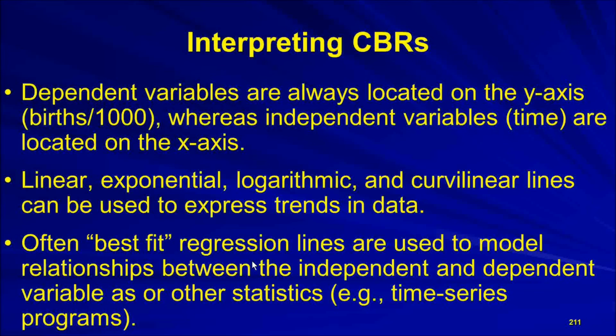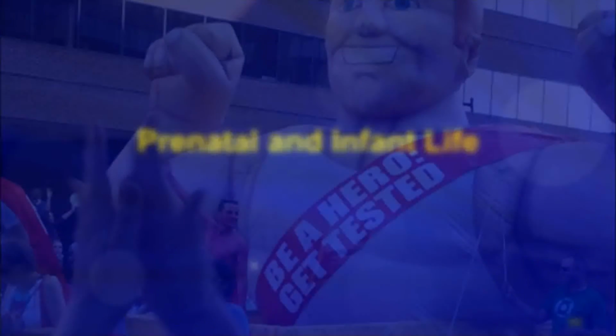Oftentimes we use a best fit regression line, which is a straight line, to summarize data, but the best representation here again would be a curvilinear trend. And I won't talk about time series data at this point. You've gotten enough information, and the information I want you to have at this juncture. Okay.